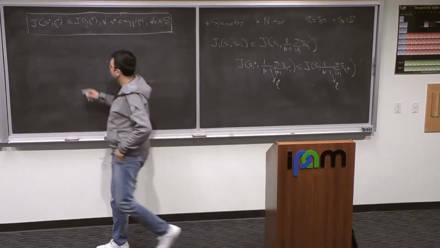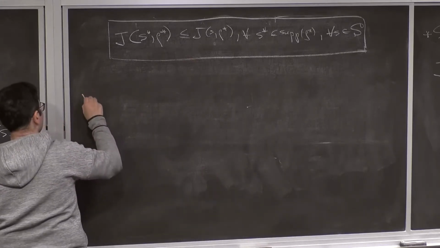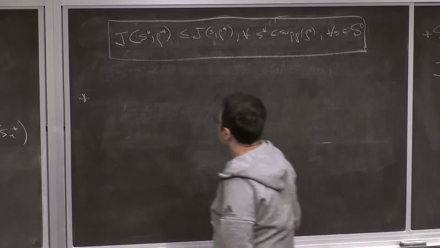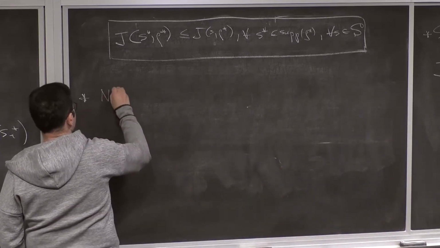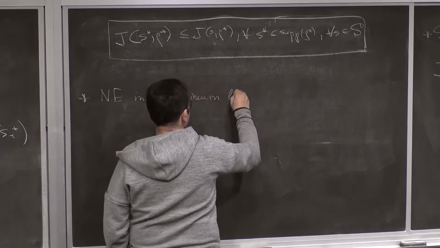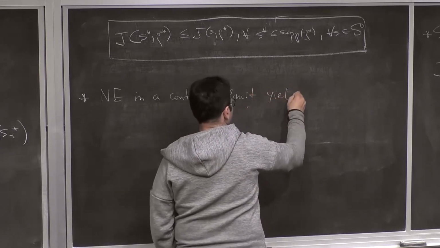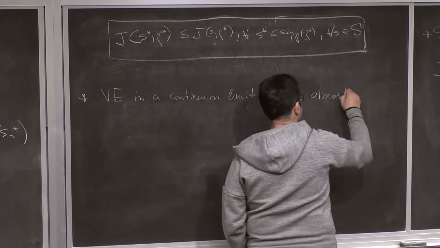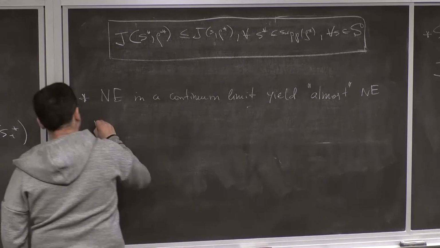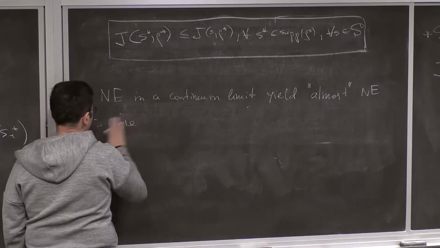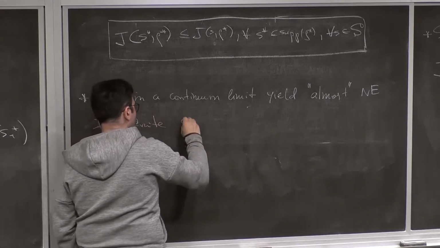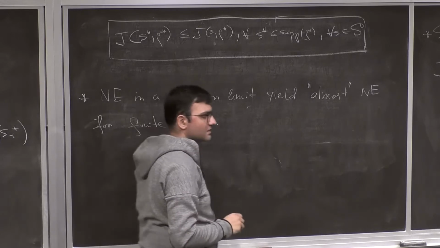So why do we actually care about this? And the reason is the following. Nash equilibria in a continuum limit yield almost Nash equilibria for finite games.